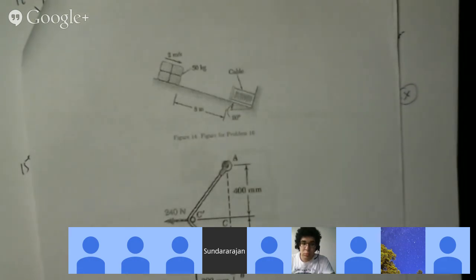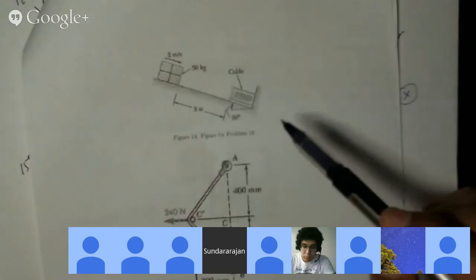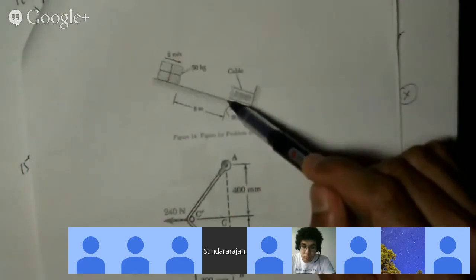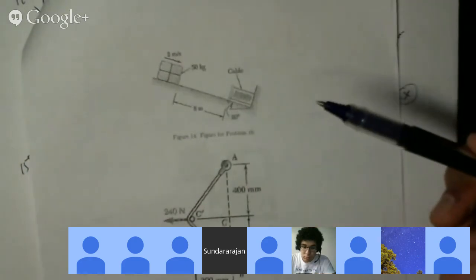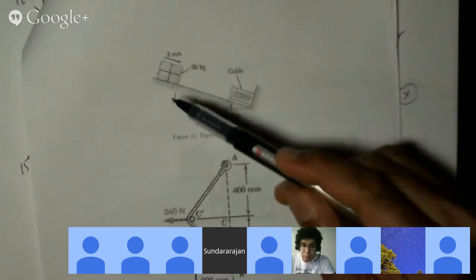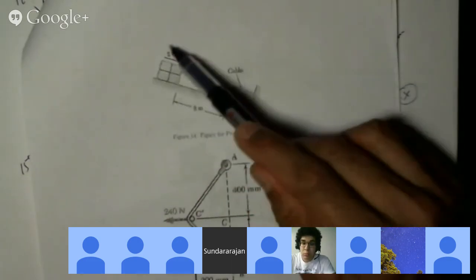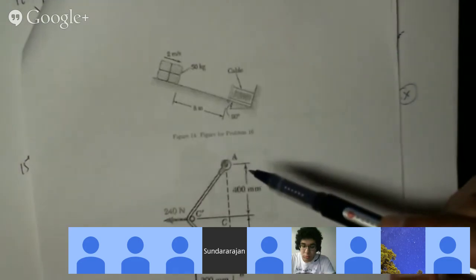Potential energy of the box? Or is there more? At what point? Here or here? Pick one. The top. Okay, this is your initial system, right? Yeah.